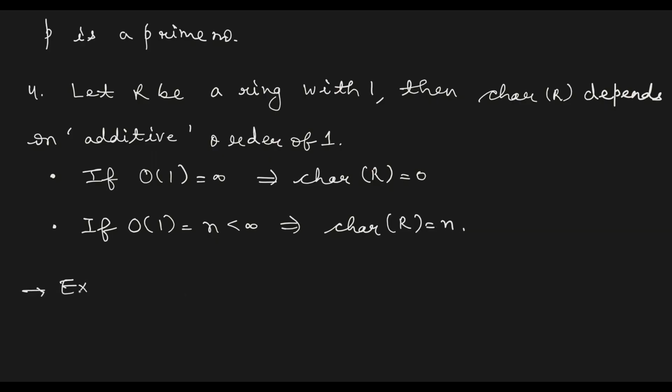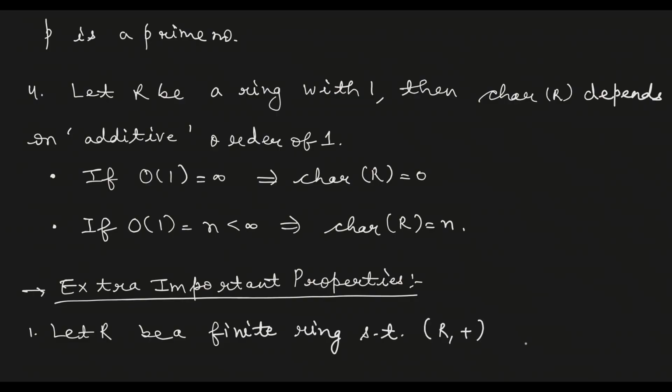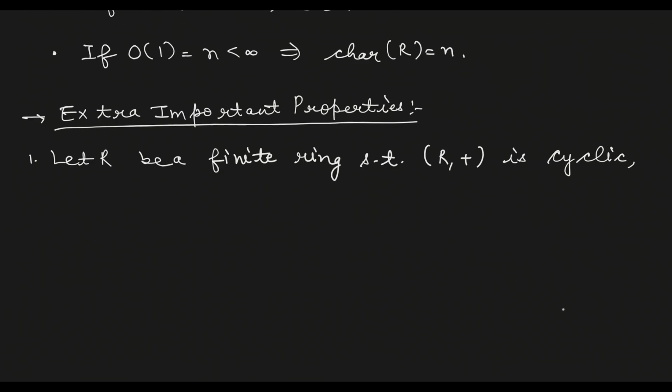Now some extra important properties. First, let R be a finite ring such that R with respect to plus is cyclic, then R is commutative.